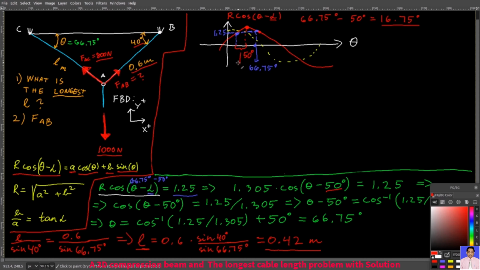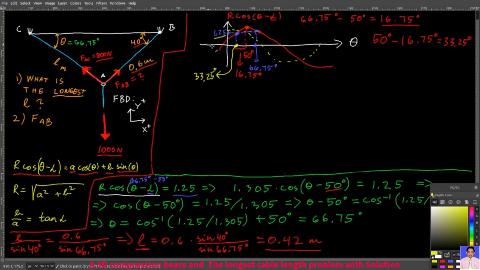So this distance is also 16.75 degrees. And so if I calculate 50 degrees minus 16.75 degrees, that will give me 33.25 degrees. So this point here is 33.25 degrees, and it also gives me 1.25 for this function r times cosine of theta minus alpha.